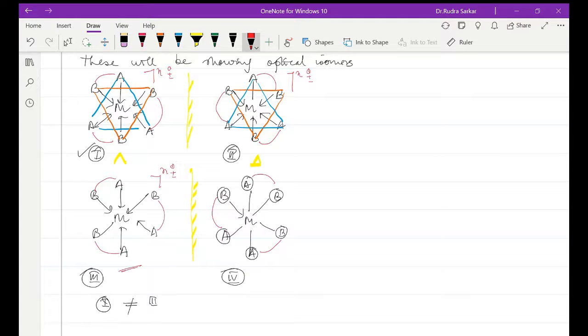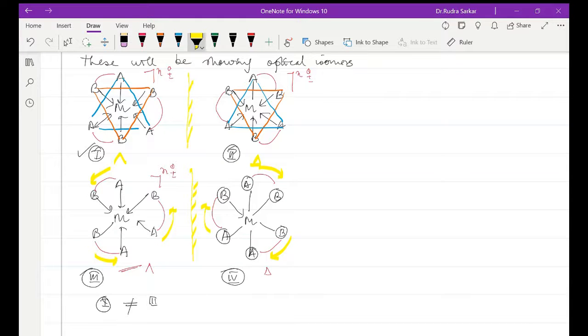So if this is our lambda, then this is our delta, because again we can see that this is going in the clockwise direction, whereas this is going in the anti-clockwise direction.